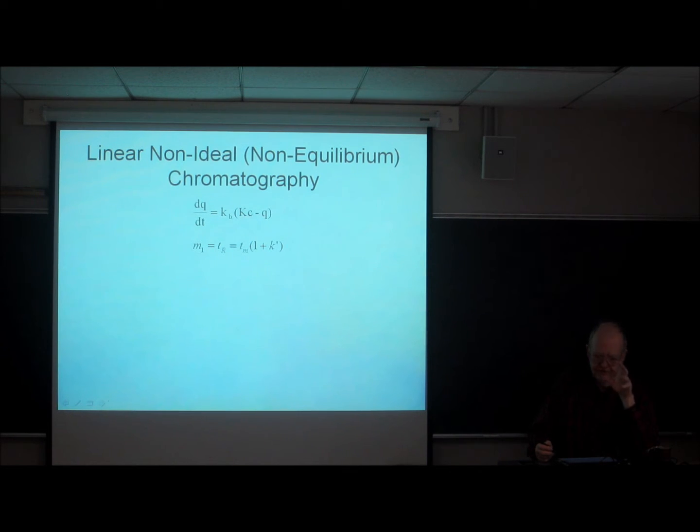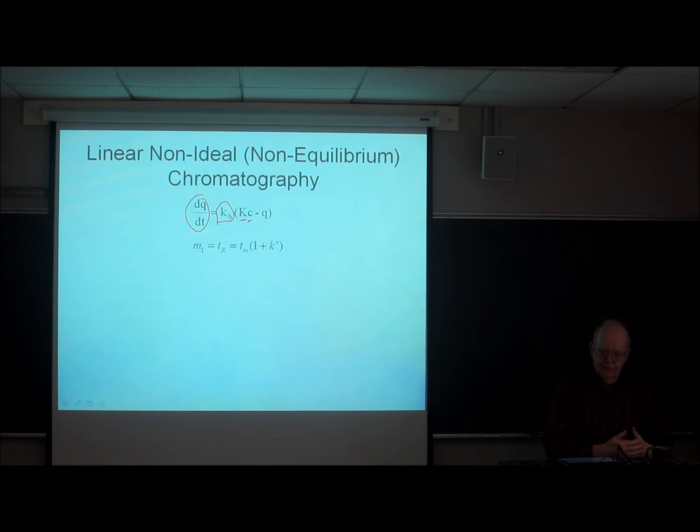So Q is not going to be equal to Kc anymore. We're going to assume a first-order kinetic relationship between the stationary phase and the mobile phase. So dq/dt is equal to some rate constant Kb times K, the equilibrium constant, the partition coefficient, times C minus Q.